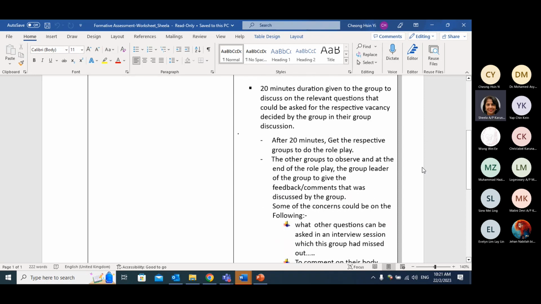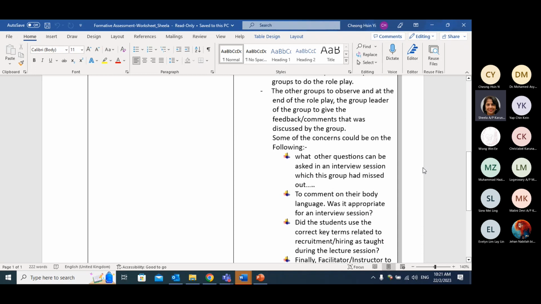After 20 minutes, get the respective groups to do the role play, with the other groups observing, and at the end of the role play, the group leader gives the feedback or comments that were discussed by the group. Here it's also where they can decide and say the do's and don'ts in the interview session.